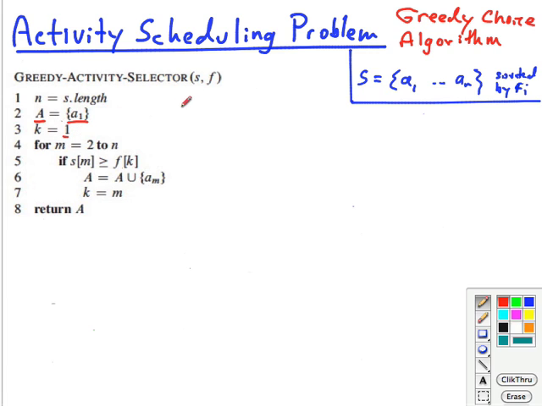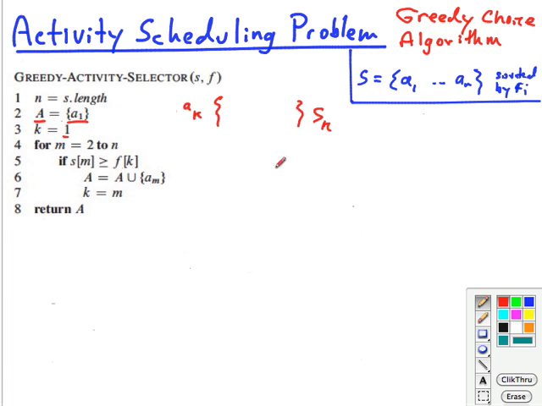You may remember in all the analyses, this is our A sub k. At first we thought about bounding both sides of it, but then we discovered we don't have to do that. We do kind of like we did with the cut rod. We just chip off the thing at the front, the next activity, and then we only have to solve the subproblem of looking at all of the remaining activities that come after, which we call S sub k.